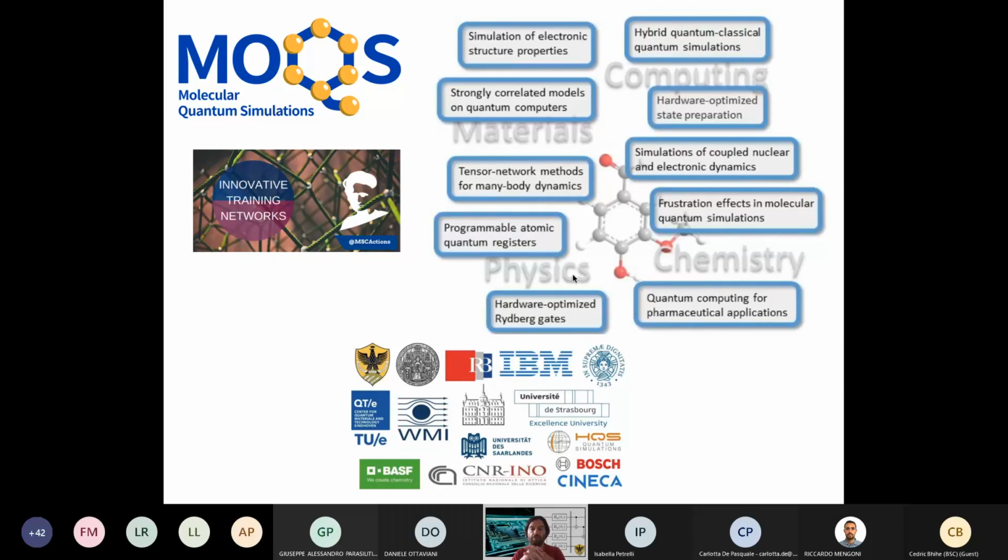There will be more activities in the network, mainly aimed to provide a PhD school in this field. It's the official kickoff in September, and we will start with a series of events, conferences, and workshops on the topic of materials chemistry on quantum computing.